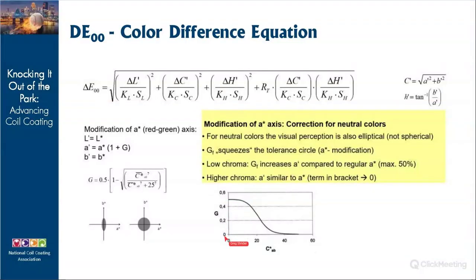And as you increase in chroma, go out to beyond 40, it comes down to virtually very, very little. So again, low chroma, G increases compared to A star and up to a max of 50%. And at higher chroma, the A prime or the A value will be similar to A star in the normal CIELAB equation.